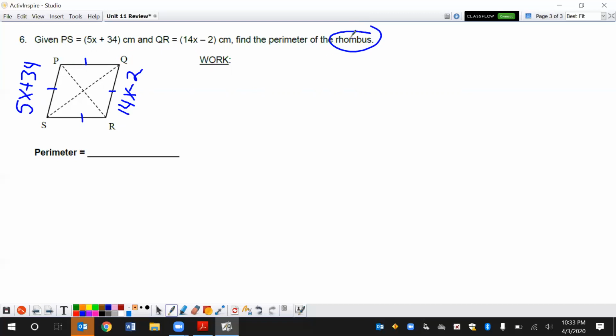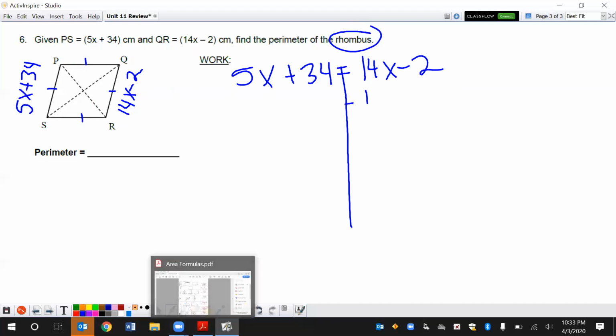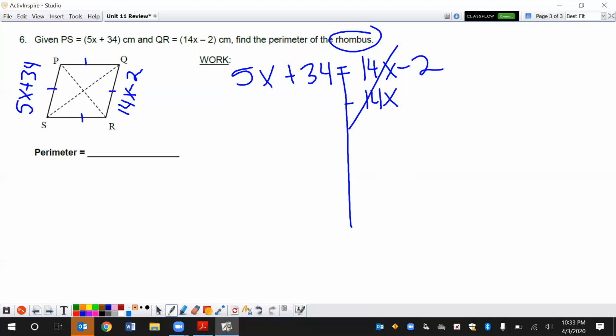So since I know that a rhombus has all sides that are equal, I'm going to put those two equal to each other, and I am going to solve for x. So minus 14x, move it to the other side. 5 minus 14 is negative 9.